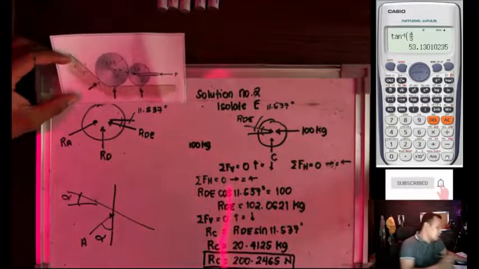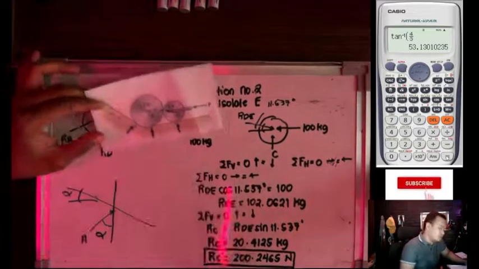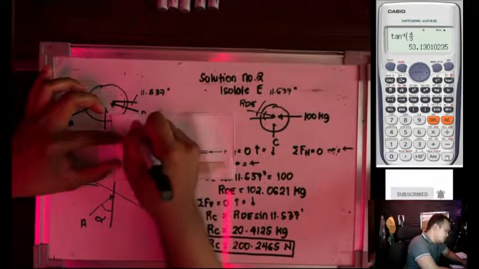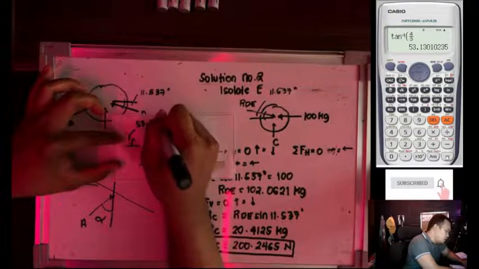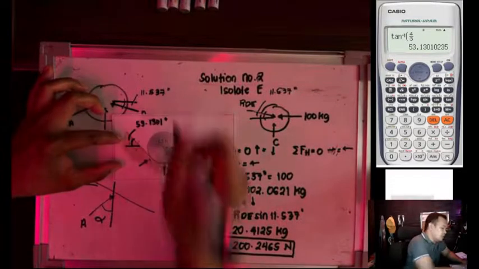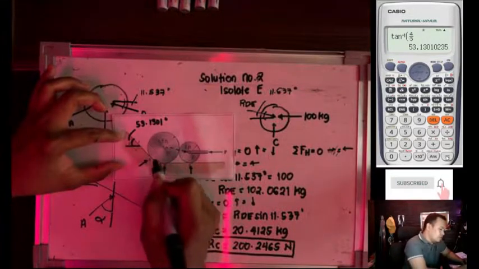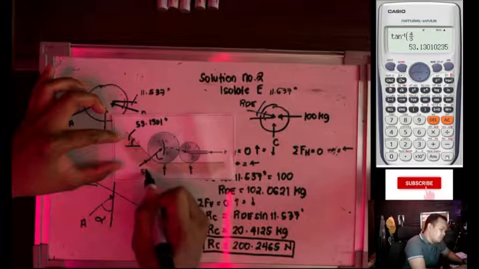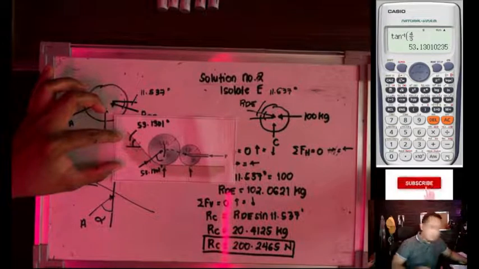So I have an angle here which is 53.1301 degrees. The board is a bit small. Okay? So the angle of this force with the vertical is also 53.1301 degrees.